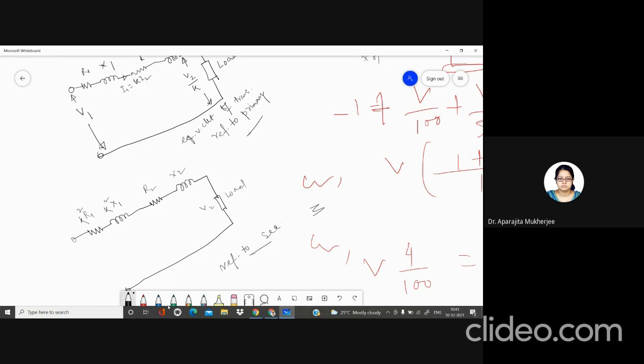So this is V2, across this is my kV1, and the current is flowing, that is I2.